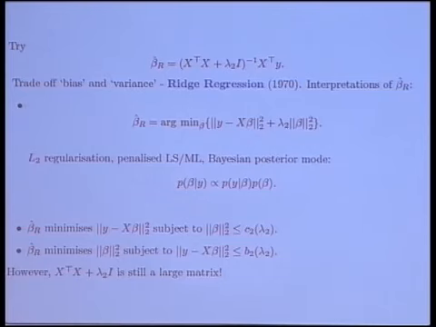It does introduce bias. If I worked out the expected value of this beta r hat, I wouldn't get the true beta. On average it doesn't quite get the right answer, but its so-called variability is spectacularly better. If I didn't have that in, and I had a singular X transpose X, in a sense the uncertainty about it would be infinite.